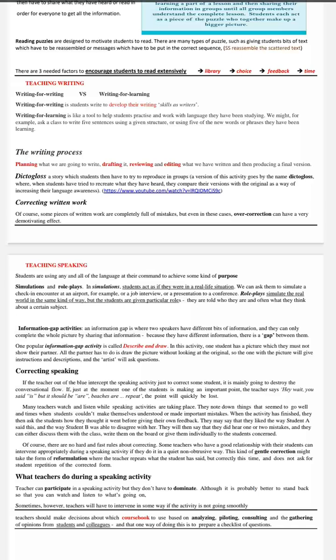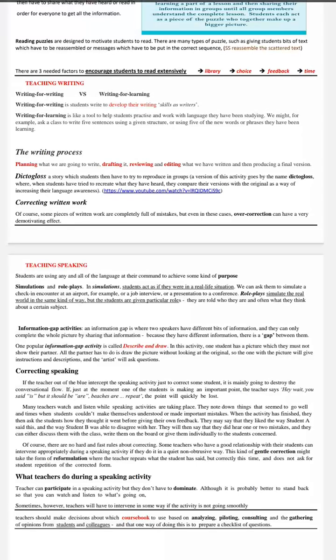Many teachers watch and listen while speaking activities are taking place. They note down things that seem to go well, and times when students couldn't make themselves understood or made important mistakes.